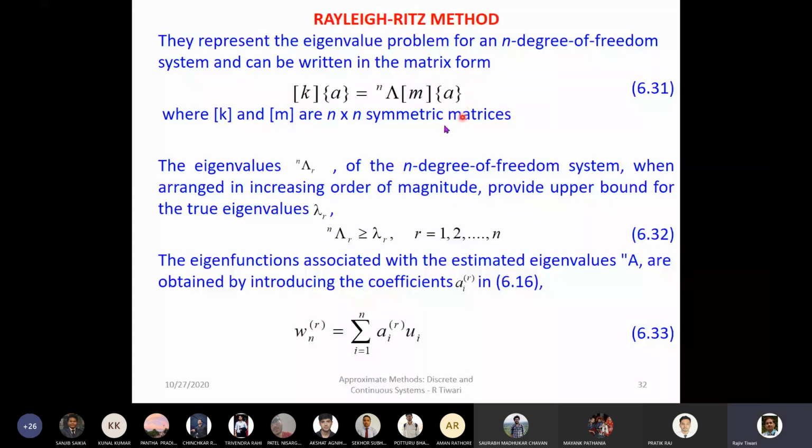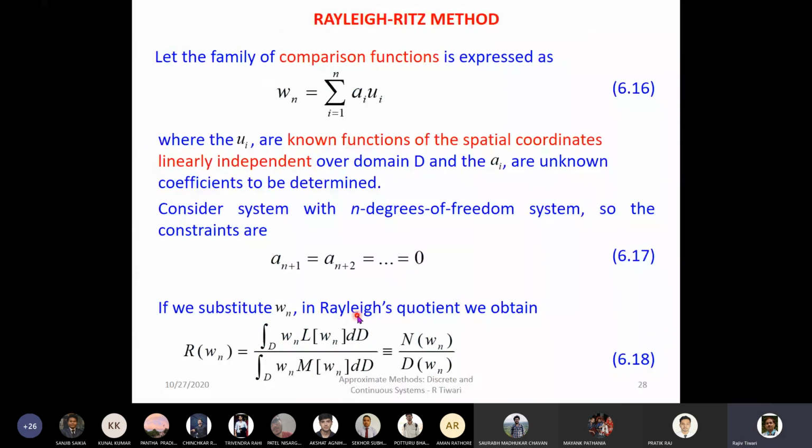Okay, so I'll stop here, because then I need to discuss more on that. But this point is very important: we started with the continuous system, and when we minimize with respect to the coefficients of the family of comparison functions, we got simultaneous equations which can be written as an eigenvalue problem of the discrete system.